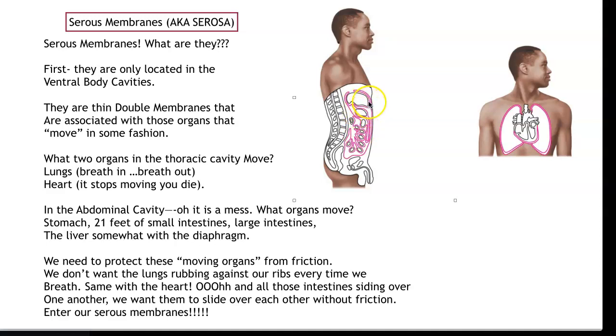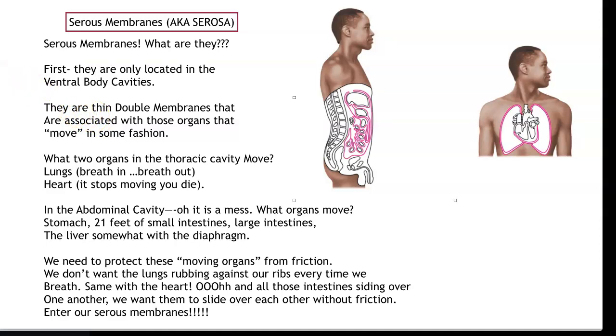The stomach, when you eat, it is moving back and forth, back and forth. The intestines, those are constantly moving. So we need to create a frictionless environment in the abdominal cavity also. So that is what our serous membranes are helping us to accomplish.